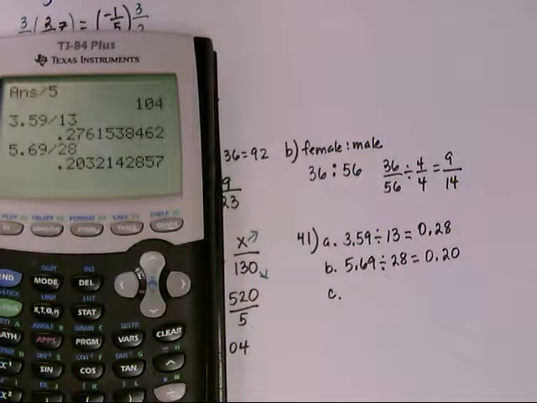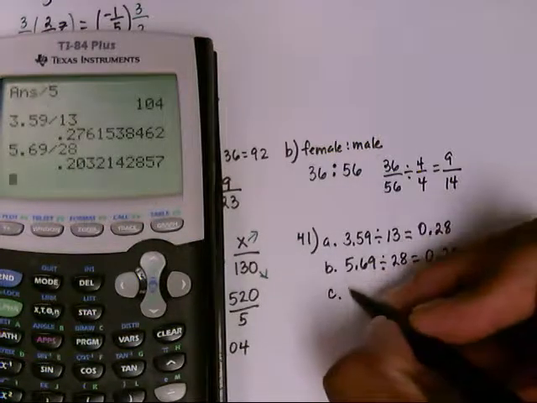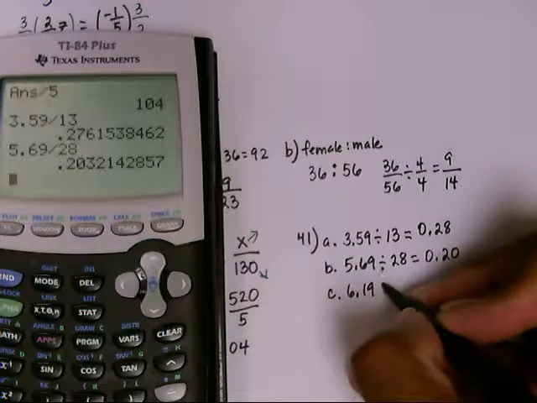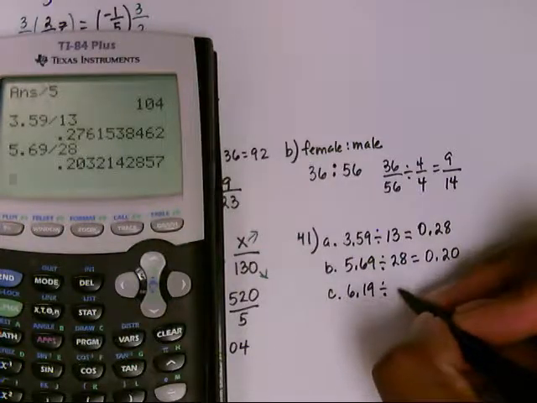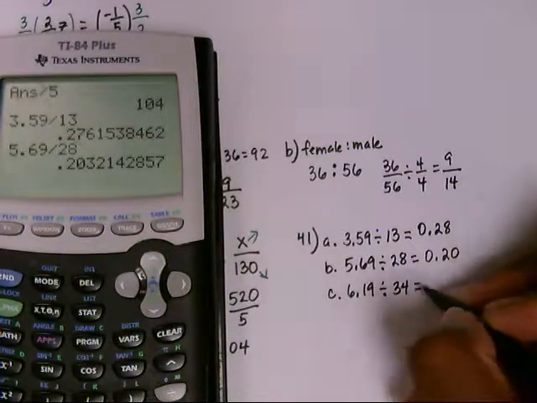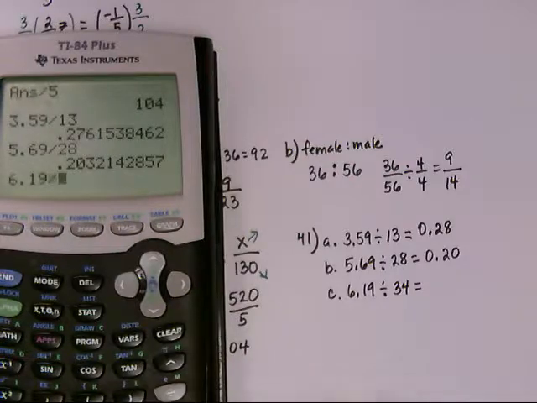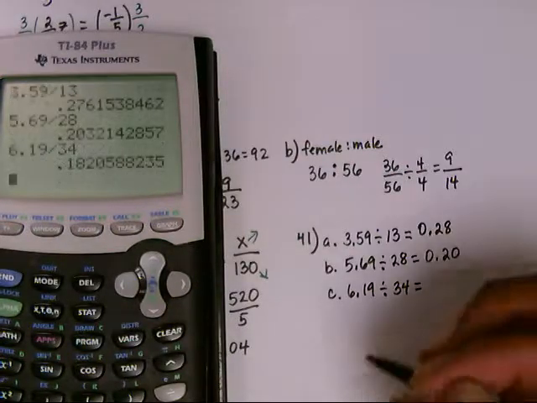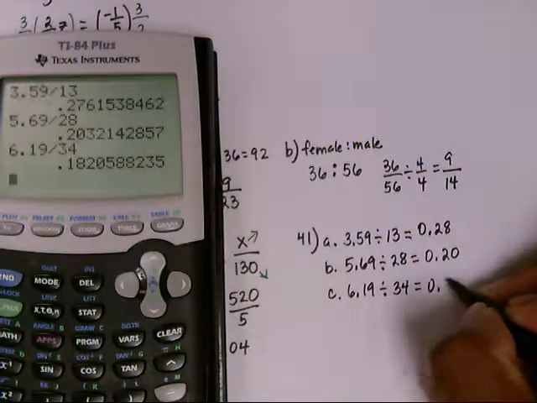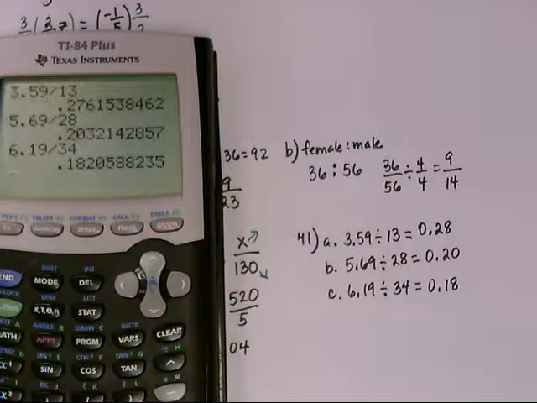And then part C, well, the C option, a 34-ounce size for $6.19. So $6.19 divided by 34. That's going to give us, to 2 decimal places, 0.18.